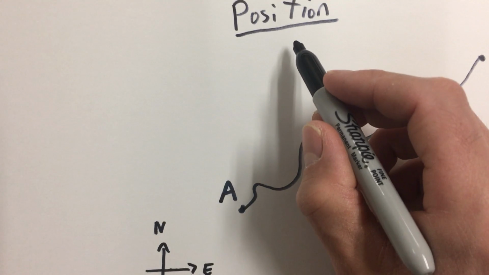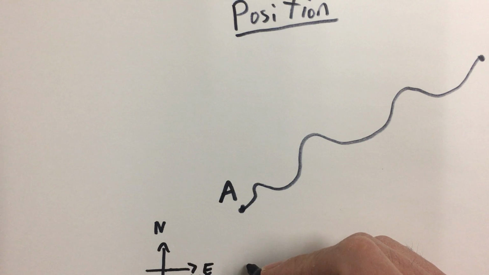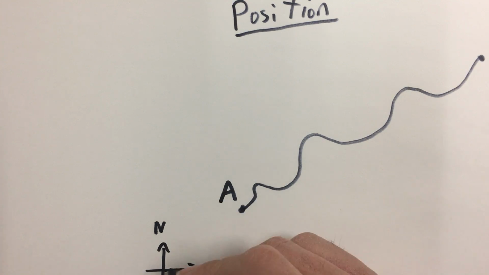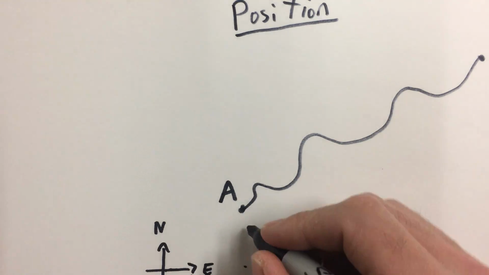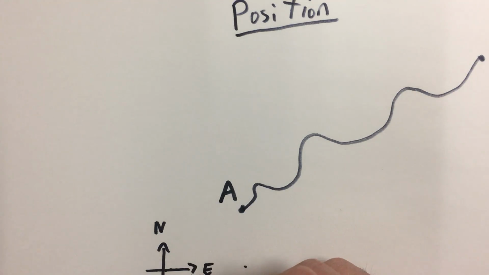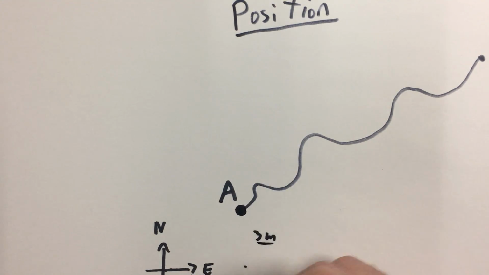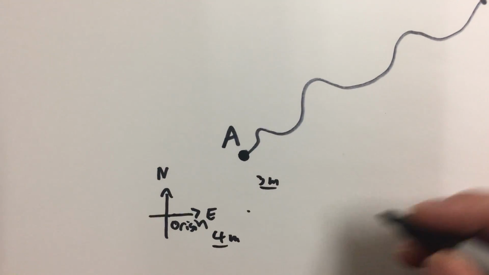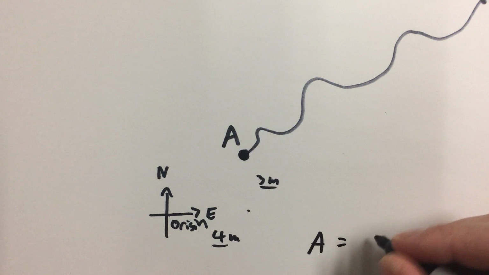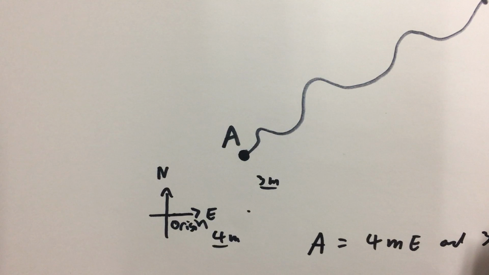So the original position of the snake may be 4 meters east and 3 meters north. That's one way of describing position A. So A is 4 meters east and 3 meters north of the origin.